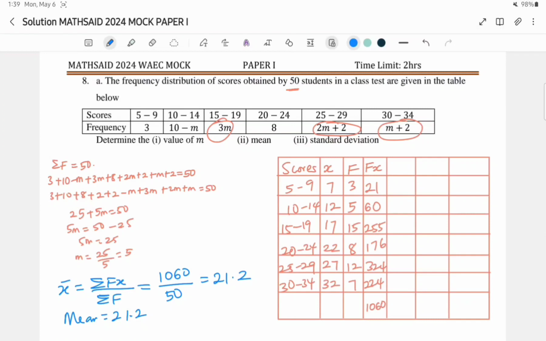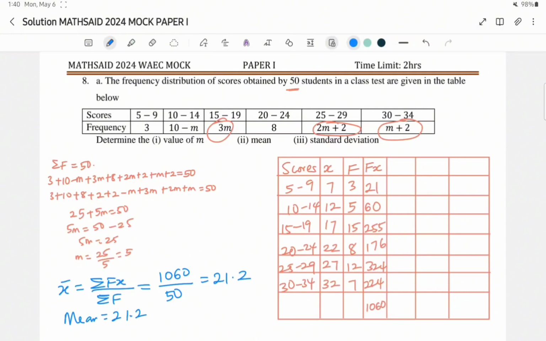You know that for standard deviation, you need the difference between the x, that is the midpoint, and the mean. You need it each. Then you need the square of it before you multiply that square by the frequency. So that should already give you a glimpse of how many columns you are going to need.